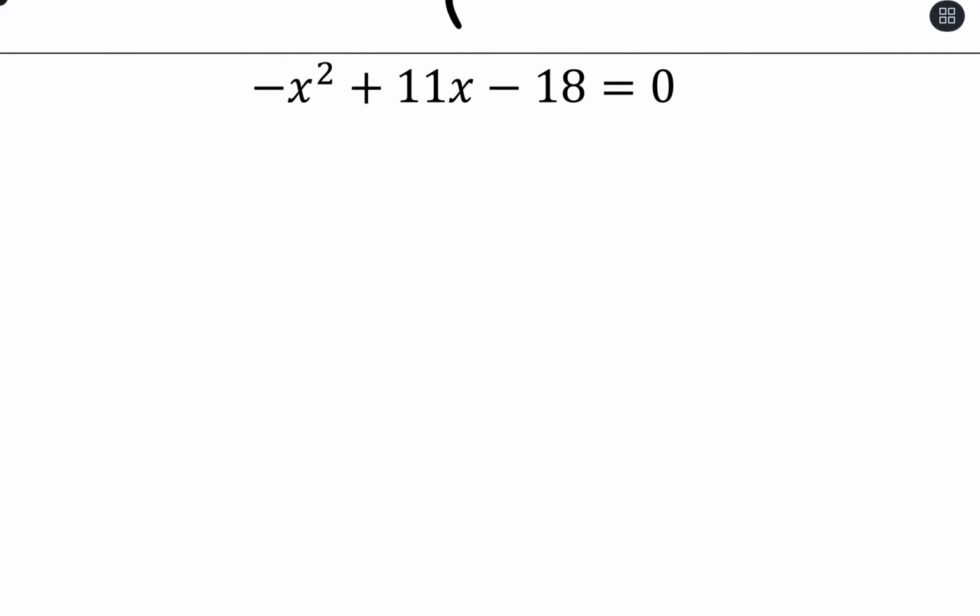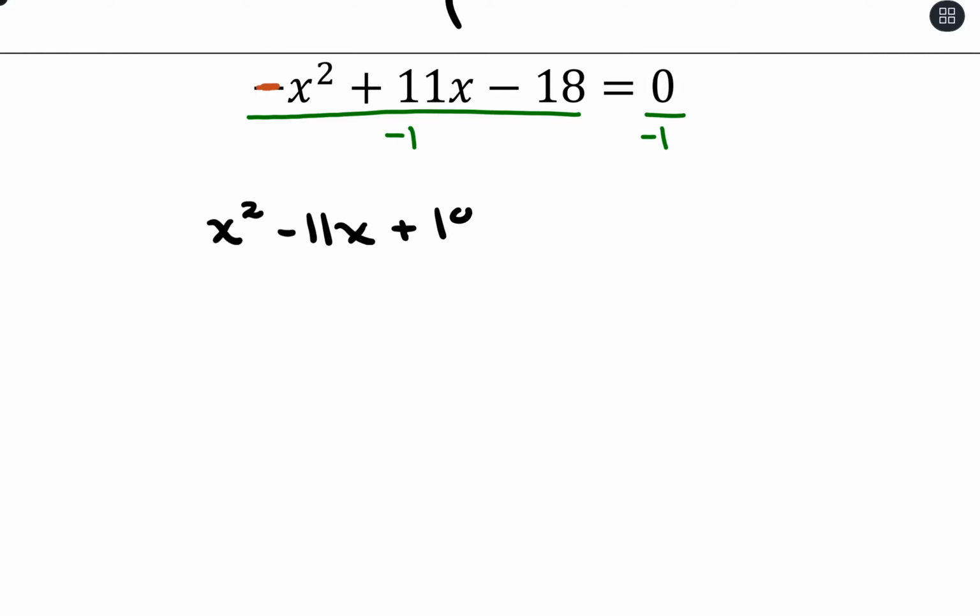Okay, with this one, it looks pretty much set up, but what I don't like is that negative out front. So I'm going to divide everything by negative 1, just so that I get that x squared positive, because that helps our setup for factoring. So that'll now be x squared minus 11x plus 18 equals 0.